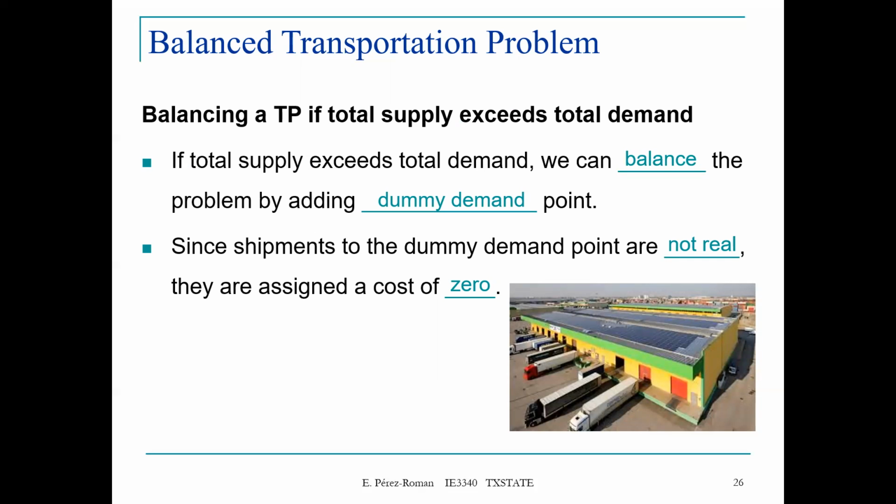So if the total supply exceeds the total demand, we create this dummy demand point that will allow you to send the additional supply to that dummy point, so you can solve the problem.